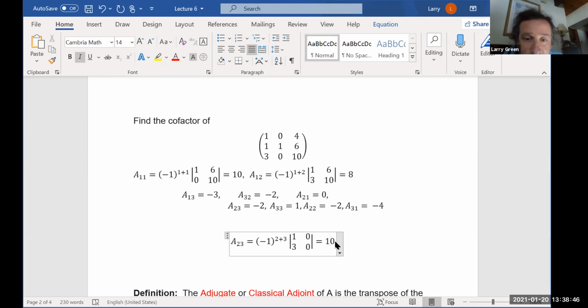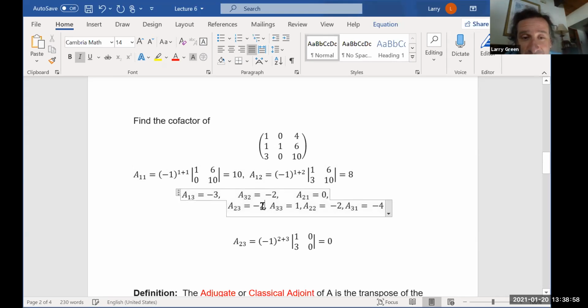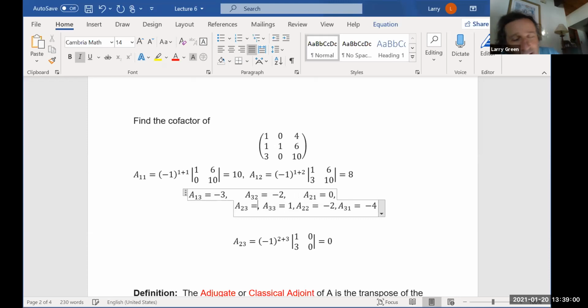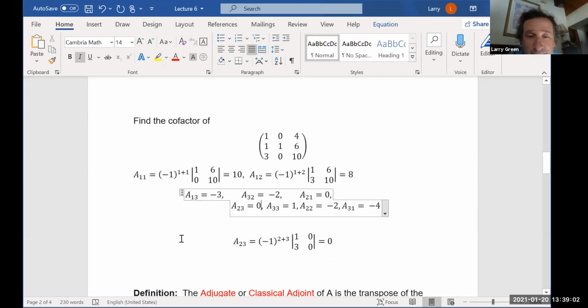And if I take the determinant of 1, 0, 3, 0, I get 0. So let's fix that. And by the way, it's a good lesson that there's a lot of arithmetic to do. And if you make one mistake, you get the whole thing wrong in what we're about to do. So beware.